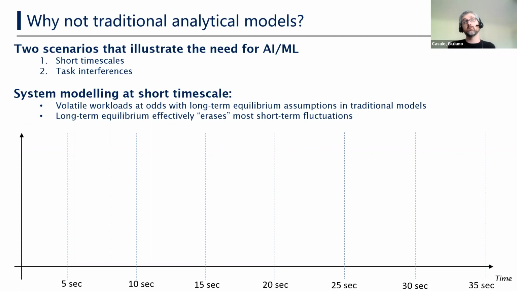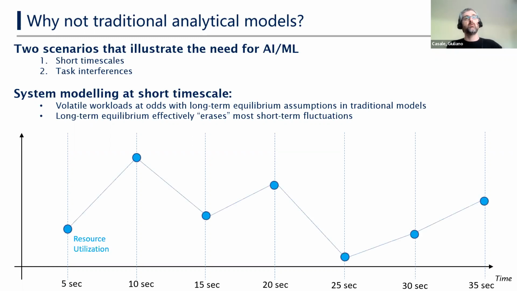And if you use the models that we were considering before, like queuing models to control these applications, there are some difficulties that arise because once you operate those models at short time scales, they become essentially inaccurate.